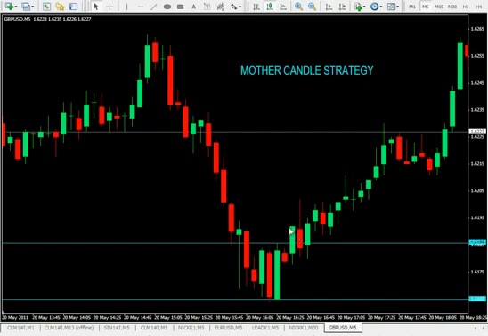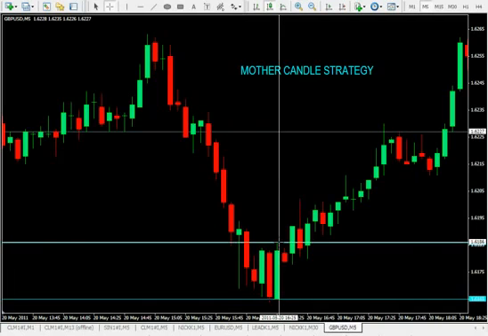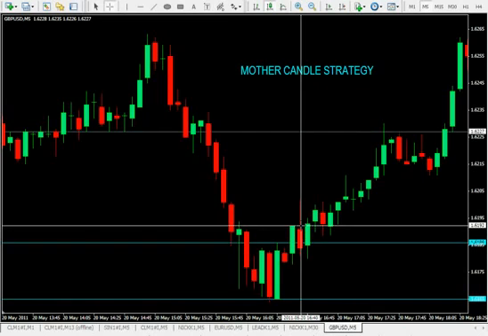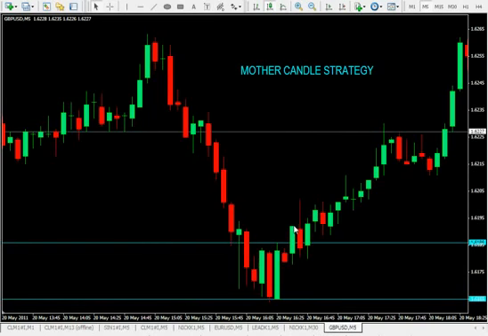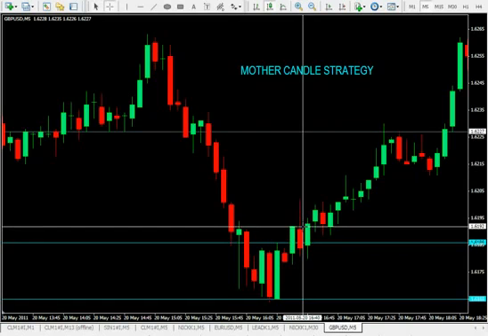So the third thing that we'll have to do is to get the number of pips of the mother candle. So here you can see the high and the low of this mother candle involves 20 pips. So we will enter after the close of this candle at around 1.6192.